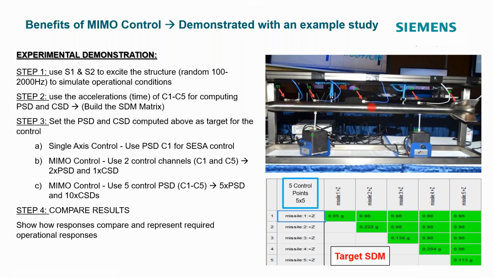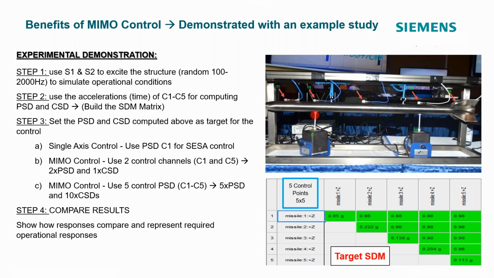And then we're going to basically just observe the responses and show how they compare to the real life conditions. Then the second part is to do MIMO control, and we use two control channels, point number 1 and point number 5, and we're going to do closed loop MIMO control with shaker 1 and shaker 2, between points 1 and 5.